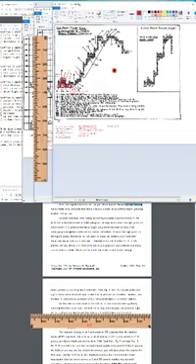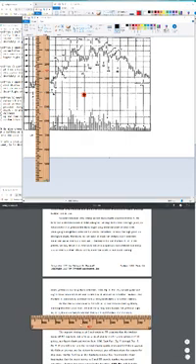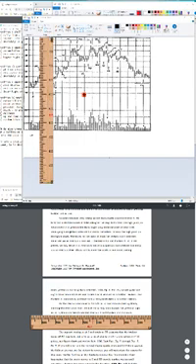X, Y, Z. So it's coming to support and volume dries up. Alright, that makes sense. So that must have been the climax right there.